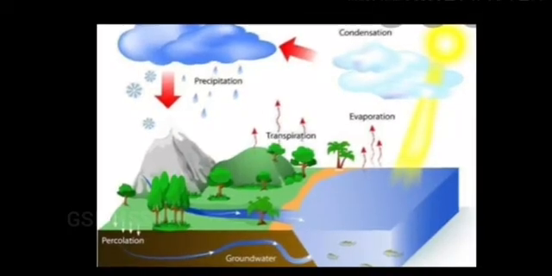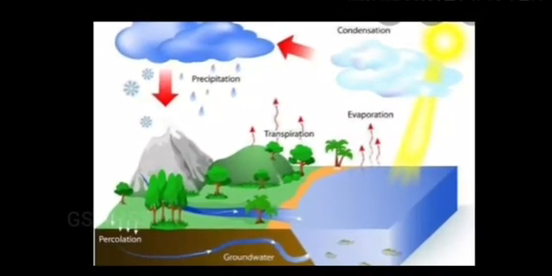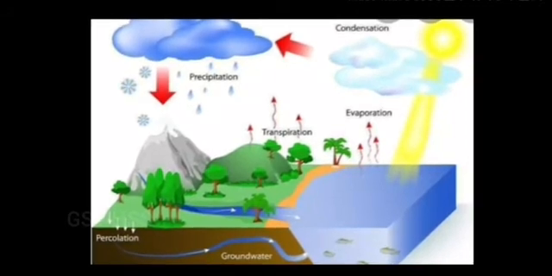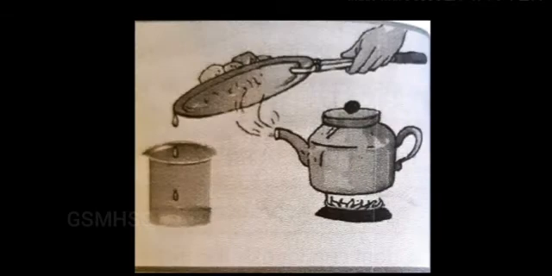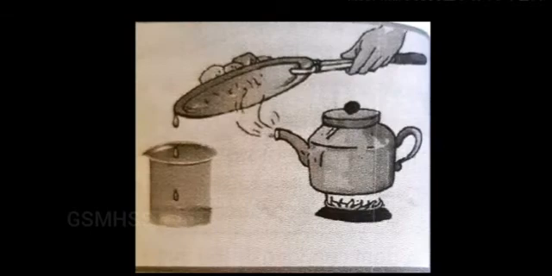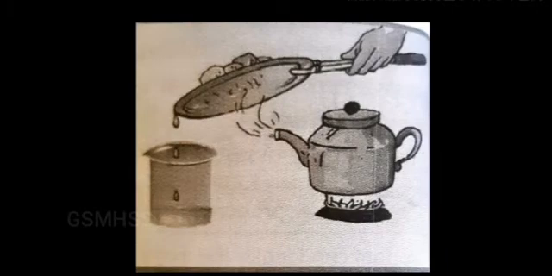Next, we are going to learn how the water cycle keeps the total amount of water on Earth constant. When we heated water in a kettle, it evaporated to form hot water vapor due to heat. This vapor escaped from the kettle.